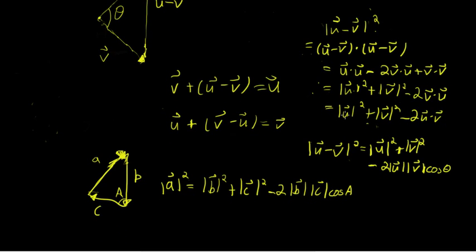So looking at the two formulations for the magnitude of u minus v squared, the first, which was obtained just by rewriting this as the dot product of u minus v with itself, and the second, which was obtained using the law of cosines, let's write the first one on the left here.